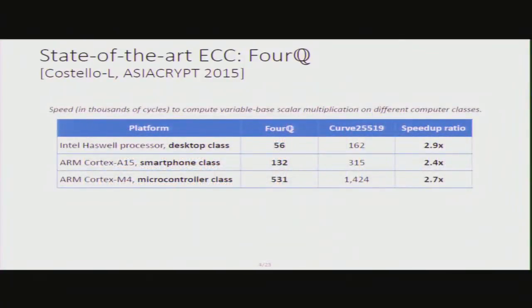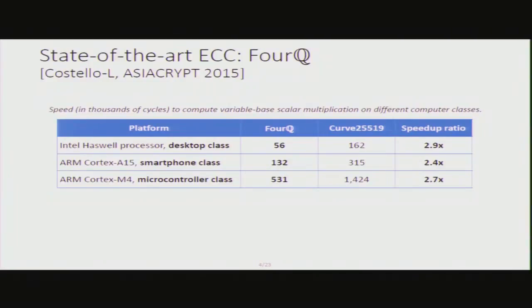Now, let's focus for a moment on the performance side. What are we talking about here? We were analyzing on different kinds of platforms the performance that we could achieve with 4Q. In this case, for example, I show the speed in thousands of cycles to compute the standard operation in ECC that is called variable-base scalar multiplication. And I show for different computer classes the numbers that we obtain, for example, on an Intel desktop class, a smartphone class such as an ARM Cortex-A15 processor, and a microcontroller class like a Cortex-M4 microcontroller.